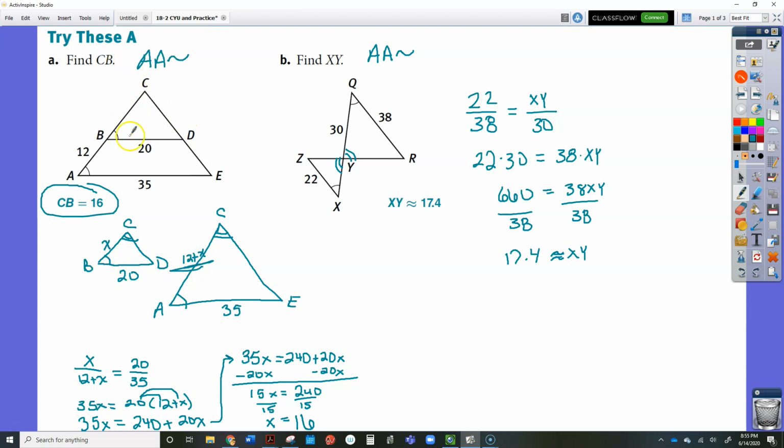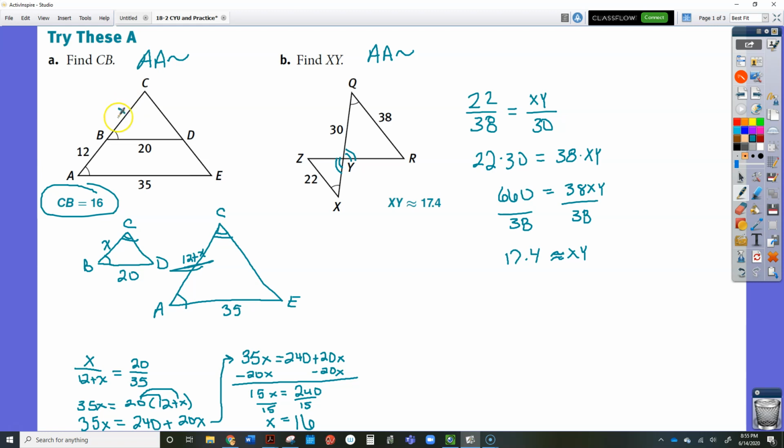The smaller triangle, we are missing the side CB, so we call that X. That's what I called it because that's what I'm finding. The base is 20. Now this other side, the corresponding side to X, they gave us 12, and I hope you didn't just put 12 because 12 is only the distance from A to B. We need the distance from A to C. Well, remember we called this X right here.